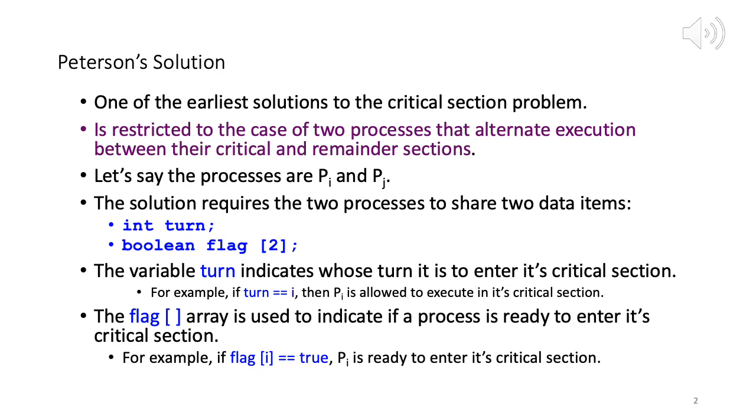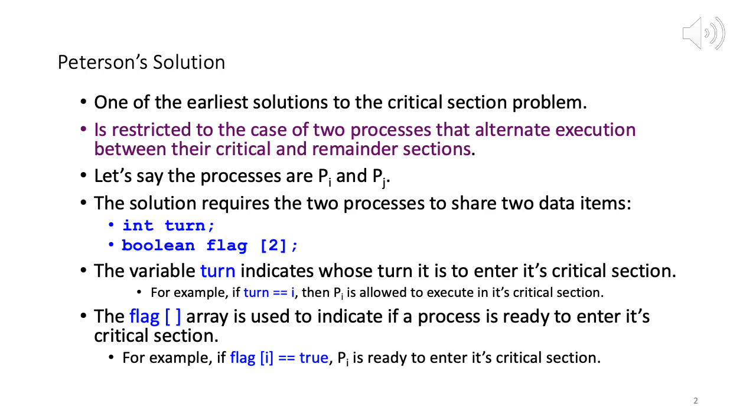One was, of course, the obvious one, mutual exclusion. If process Pi is executing in its critical section, then no other processes can be executing in their critical sections. It's easy to see how this will solve the problem.